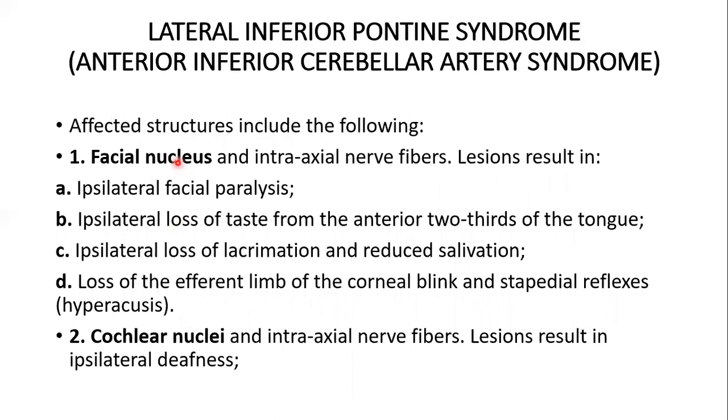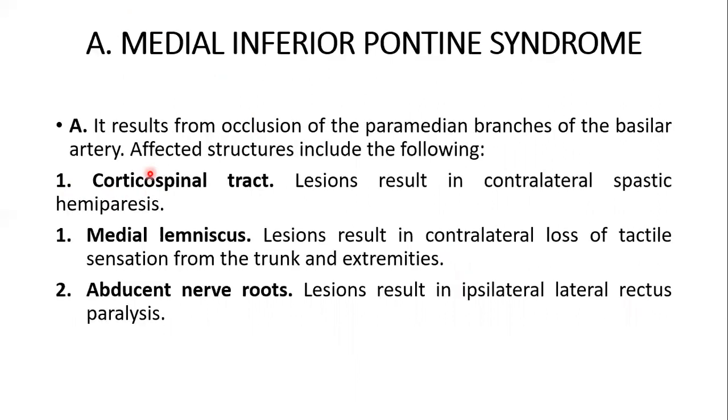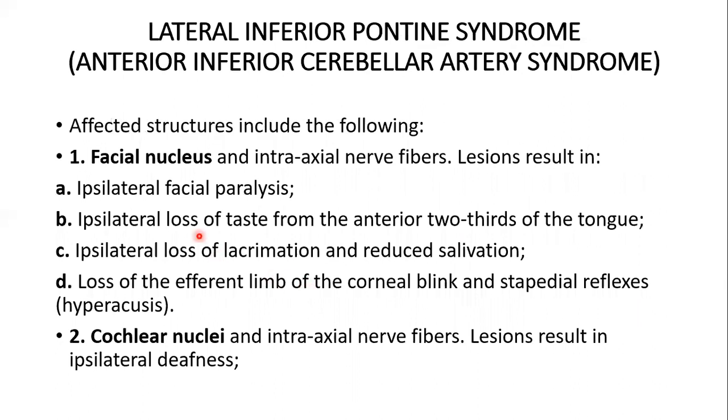So that is the next, lateral inferior pontine syndrome, the anterior inferior cerebellar artery syndrome. What will happen here? These three things, corticospinal tract, medial lemniscus, and abducent nerve roots, were near the midline. As we go lateral, the facial nucleus is the first structure. What will happen?